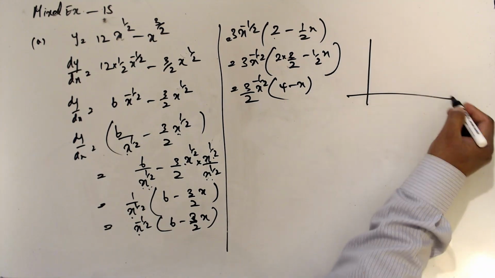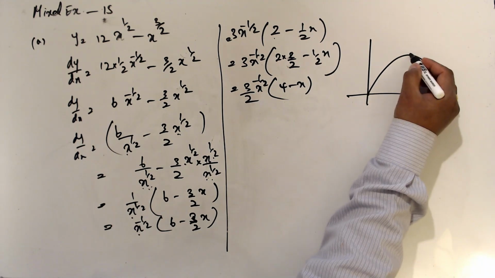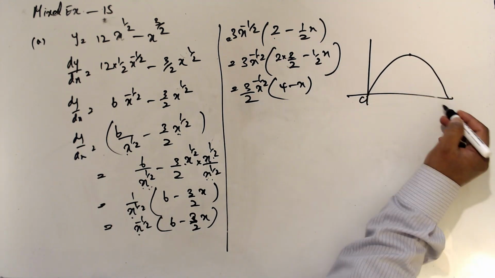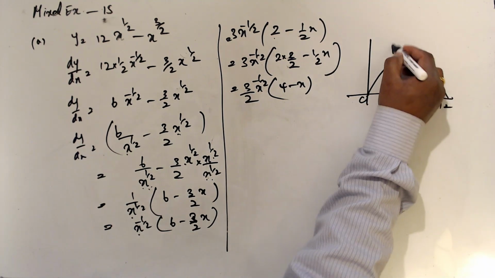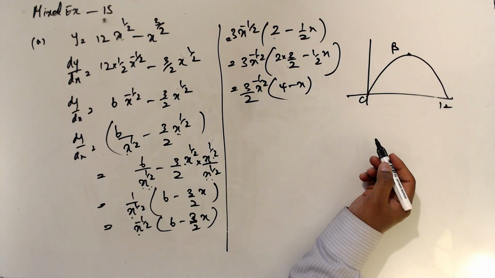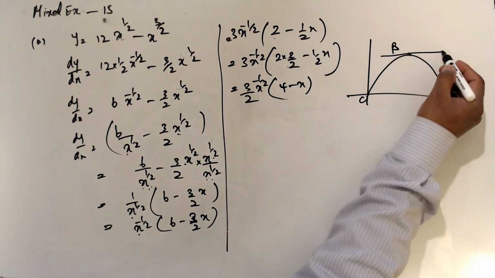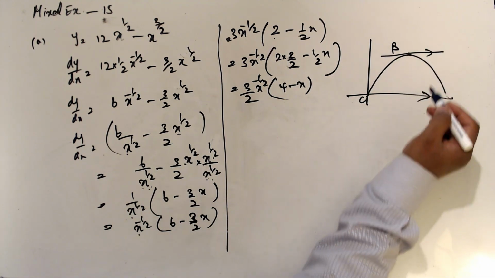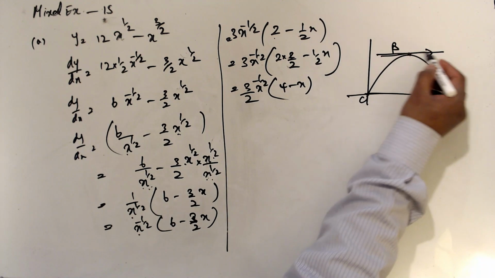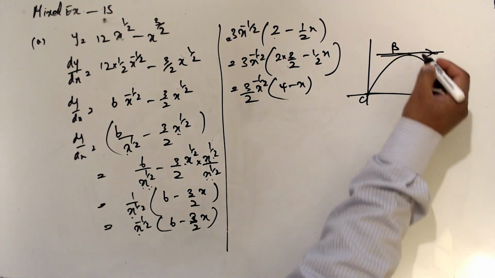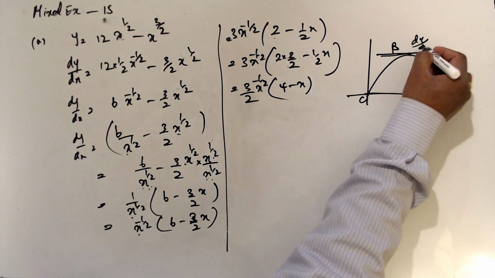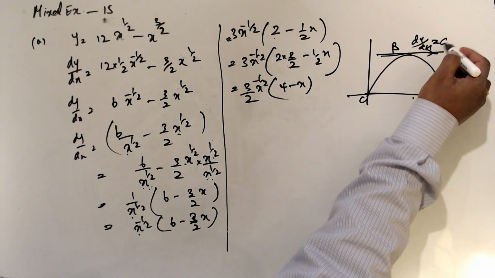Now this is the curve, this is 0 and 12. At the point B on the curve, the tangent to the curve is parallel to the x-axis. It means what is implied? It means dy by dx, the gradient of this curve, is 0.